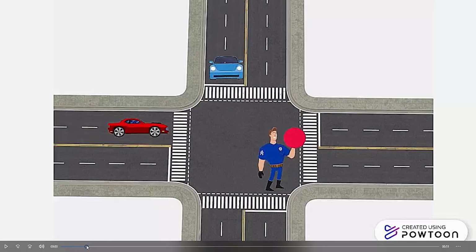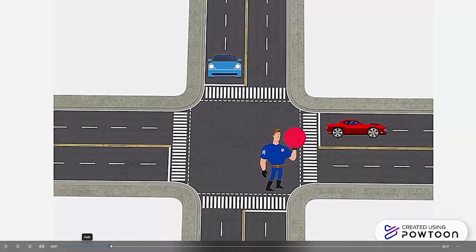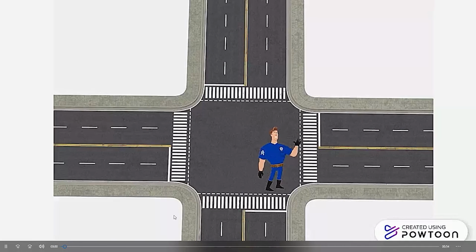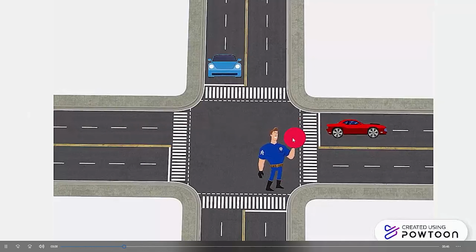First he uses the red signal to let the red car pass, and then he uses the blue signal to let the blue car pass. If I play that, you can see it will show the red signal, the red car passes, and then the blue signal so that the blue car can pass.